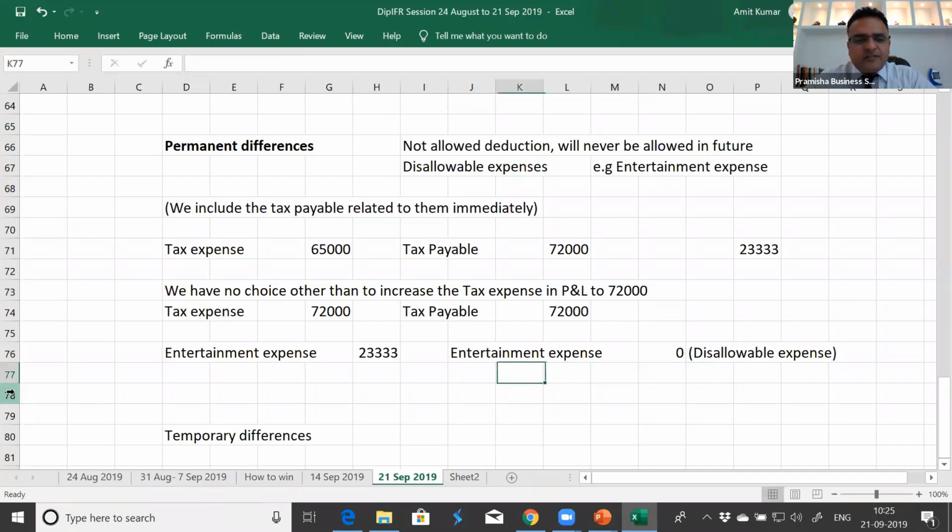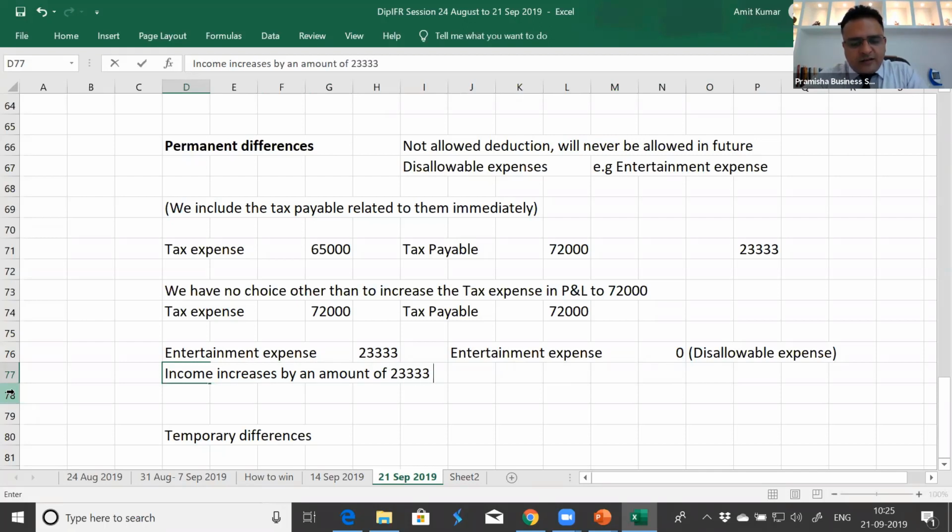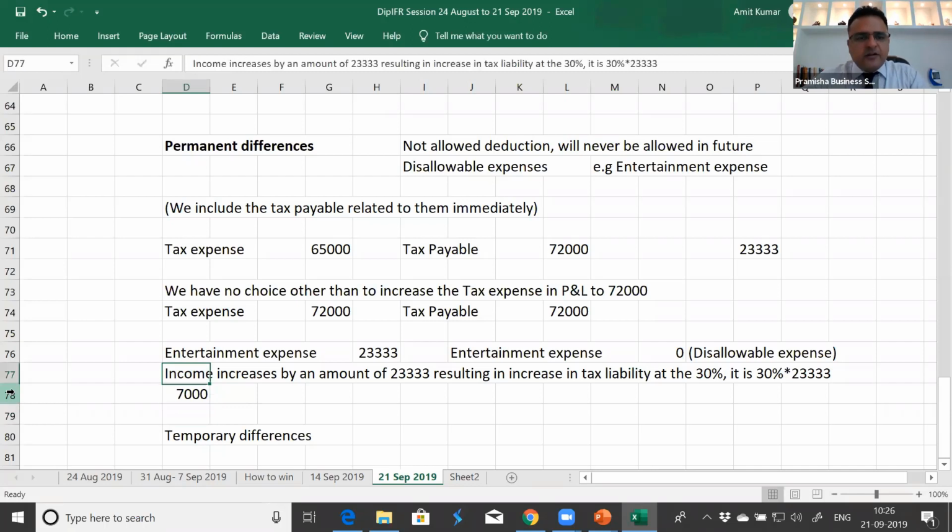So your income increases by an amount of 23,333, resulting in increase in tax liability at the rate of 30%. It is 30% of 23,333, so 7,000 increase in tax expense from 65 to 72.